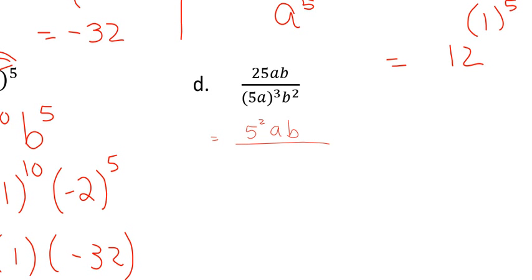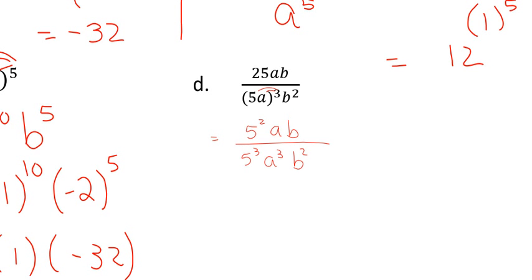Yes. So that's going to be 5 to the power of 3, a to the power of 3, and b to the power of 2. So you see now, by doing this, by making that 25 as the same base, which is the 5, then you can subtract the exponent for the 5. Okay? If you don't do that, then you can simplify. That's fine.